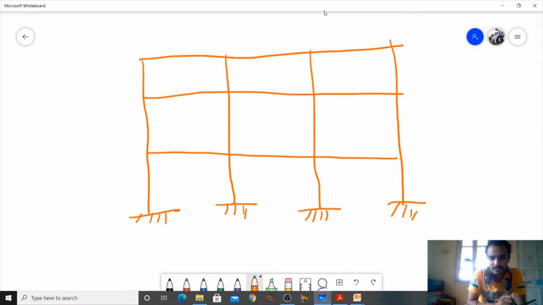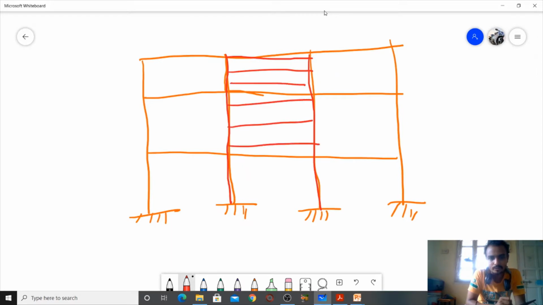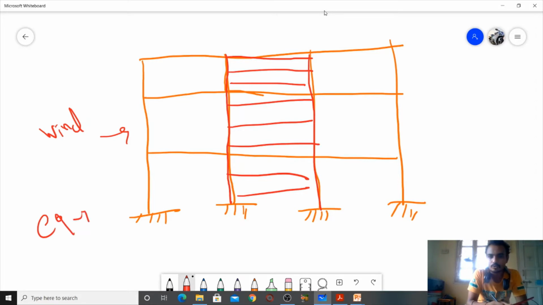Sometimes we build a shear wall here, which is used to resist horizontal force like wind and earthquake force. We use the bracing system for this resistance.